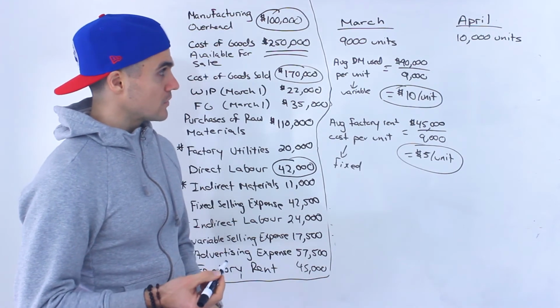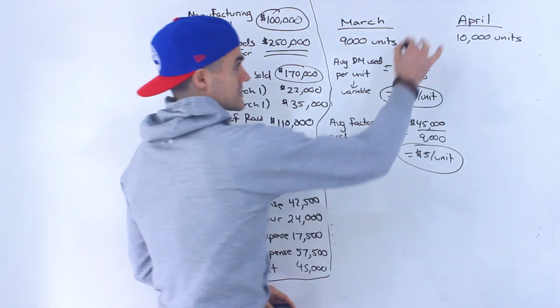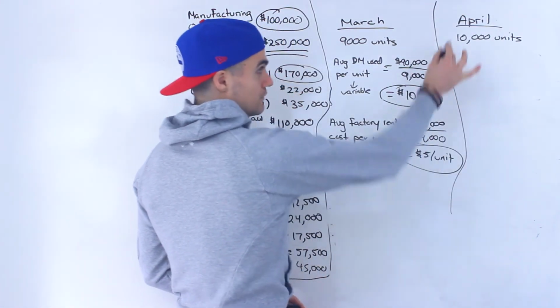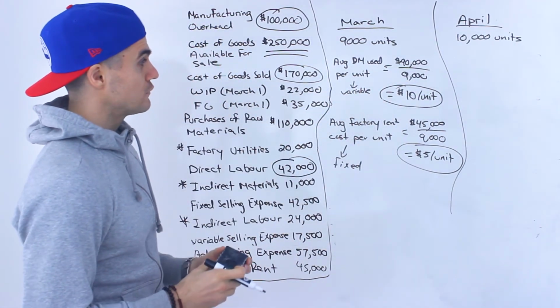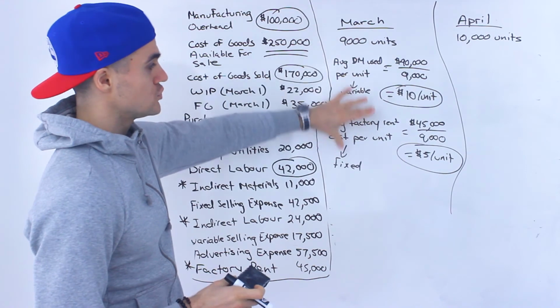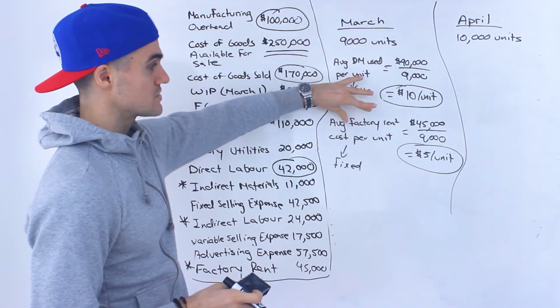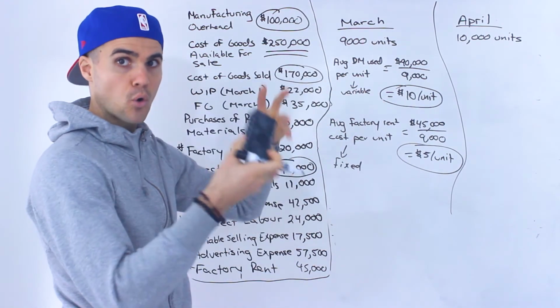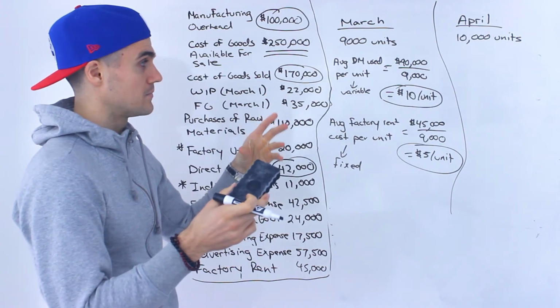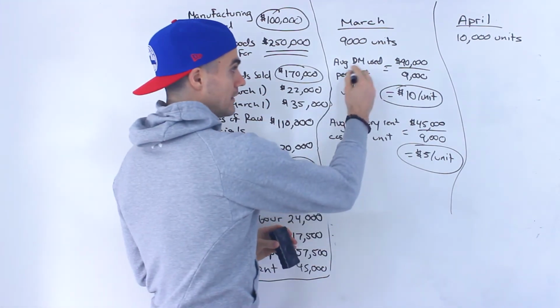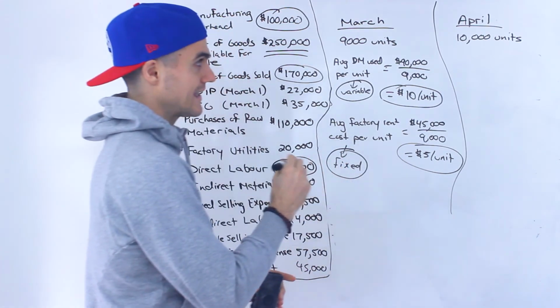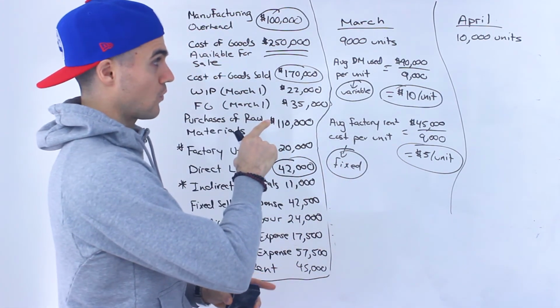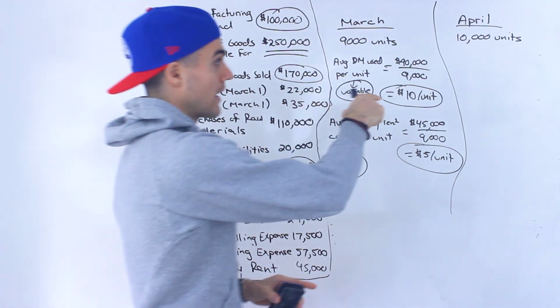Now in number 3, we're asked, assuming that 10,000 units are going to be produced, we have to find out what are these unit costs again for direct materials used and for the factory rent, and what the total amount is going to be. And knowing that this here is a variable cost and this is a fixed cost is really important for number 3, for April.